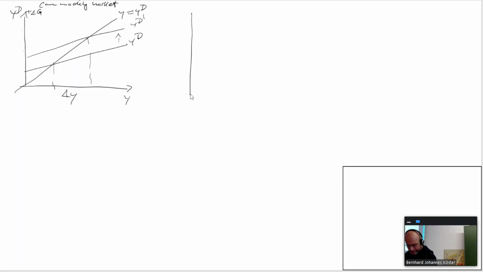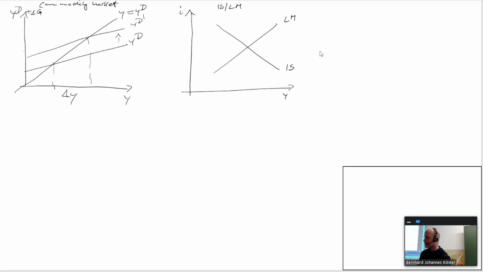Well, then let's go to the ISLM model. Here we had LM, IS. In this model, an increase of delta G meant we have to shift to the upper right our IS curve.